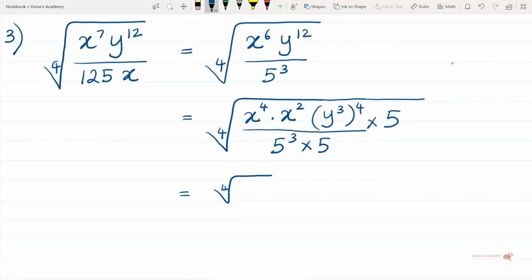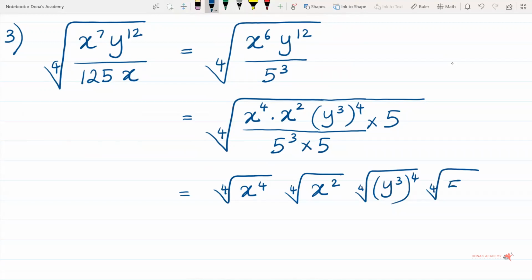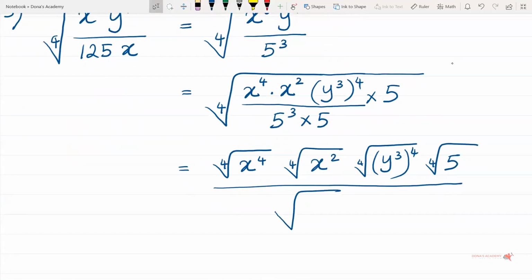In the top I have this and this, y cube, to the 4, and 5. In the bottom I have fourth root of 5 to the power 4.